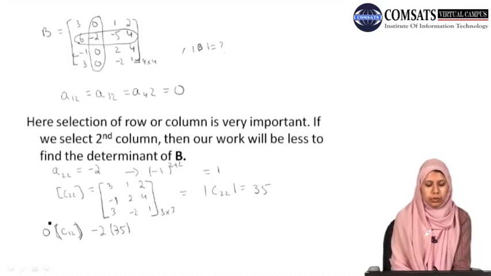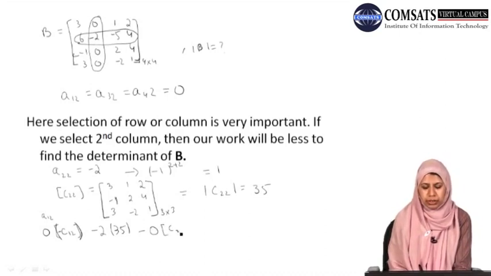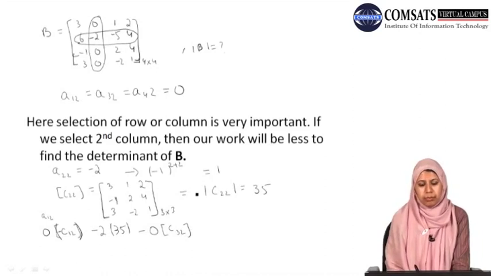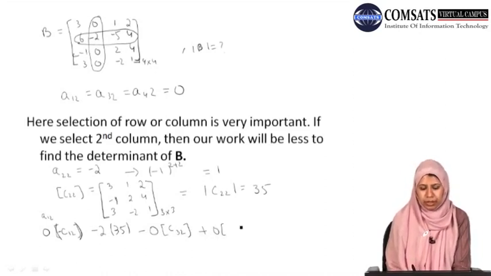The entry A12 will have a minus sign because the number associated with the entry A12 will be negative. Okay, the entry A32 will have a minus sign again, minus 0 times the cofactor associated with it, plus the entry A42, which is 0, and the cofactor associated with it.